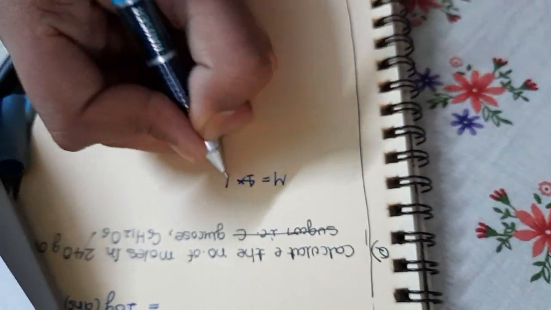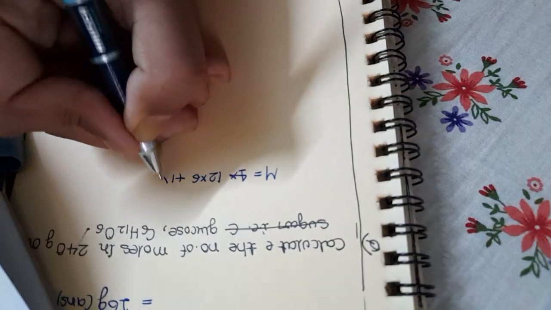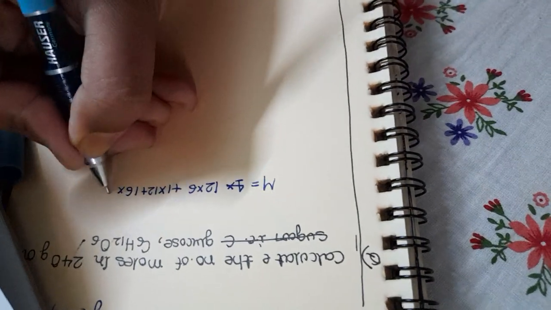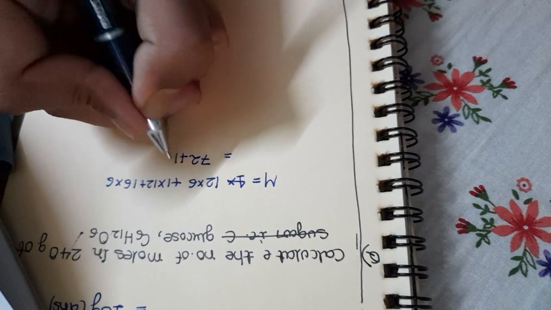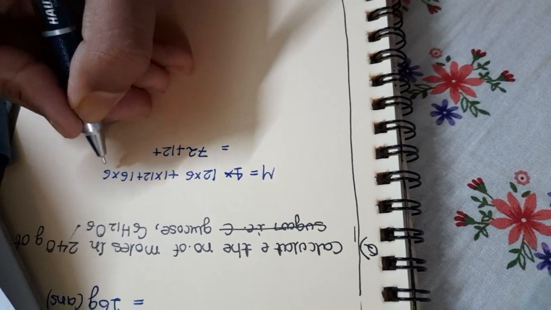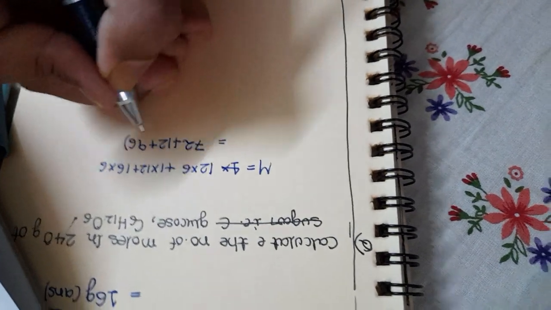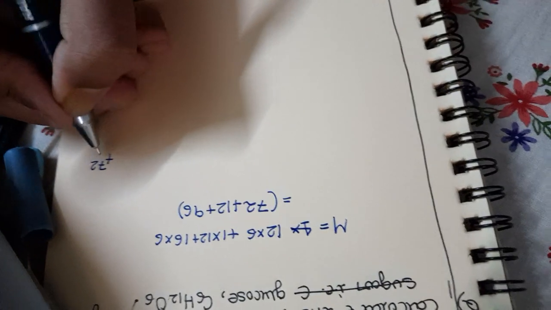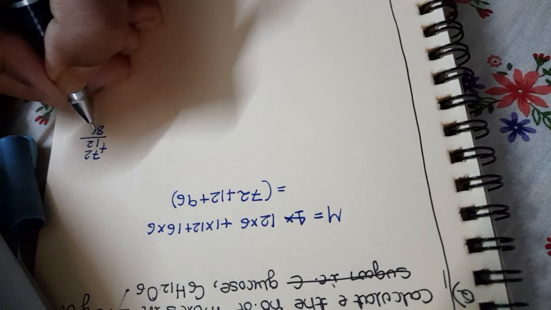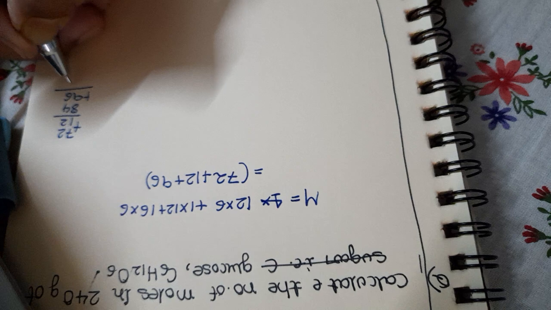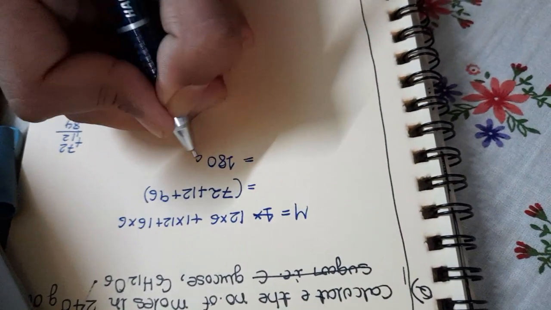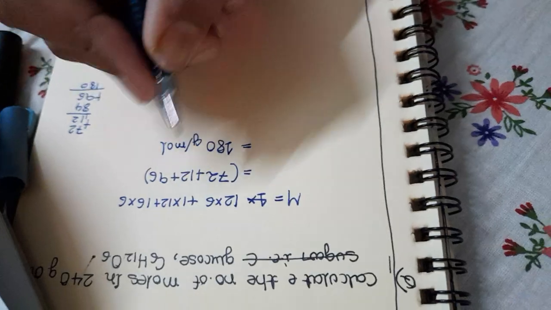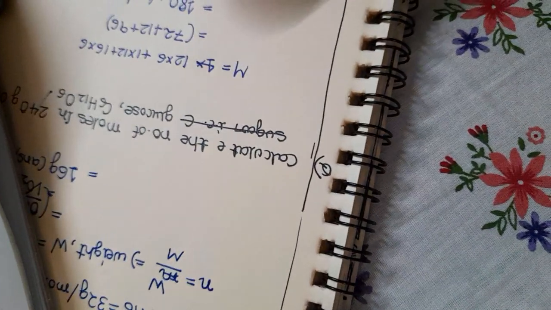So it's 12 into 6, 1 into 12 plus 16 into 6. 12 sixes are 72, plus 12, plus 16 sixes are 96. Now 72 plus 12 is 84, plus 96, so it's 180 gram per mole. Now the mass is given and you calculate the number of moles.